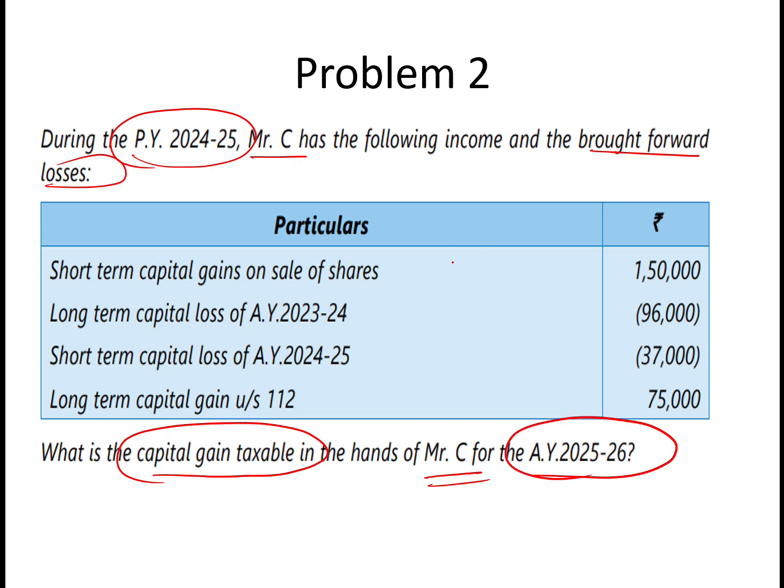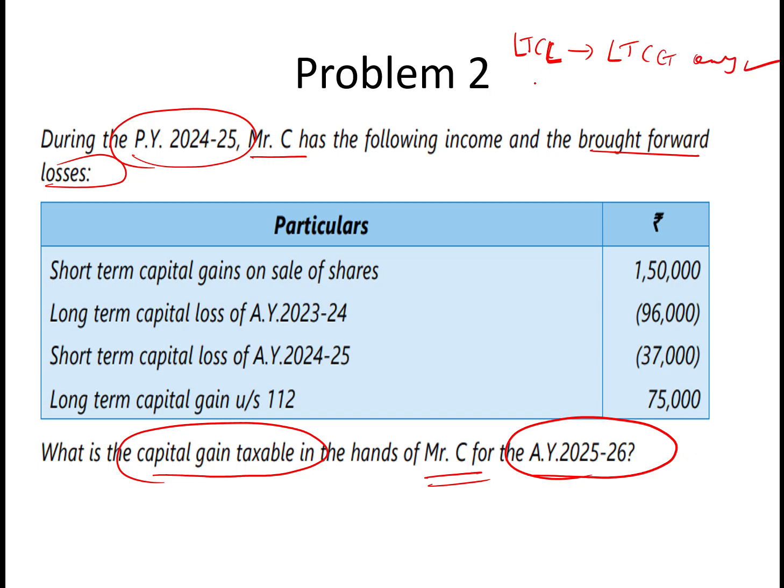Now, before going ahead with solving this problem, you have to understand the basic rule of set off and carry forward when it comes to capital gain. Whenever capital gain is there, please remember a long term capital loss can be set off against long term capital gain only.